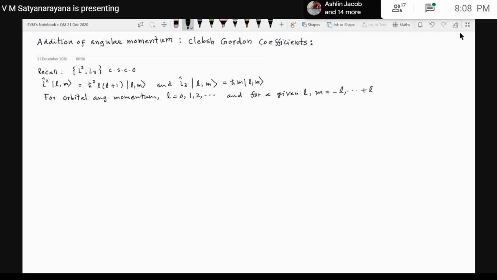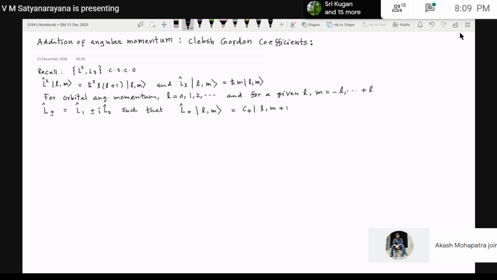Further, we have noticed that you can define something called ladder operators, L plus minus, which are defined as L1 plus minus i L2, such that when L plus acts on some |L, M⟩, it will give some constant C plus, which I think I did not evaluate last time, times |L, M plus 1⟩.